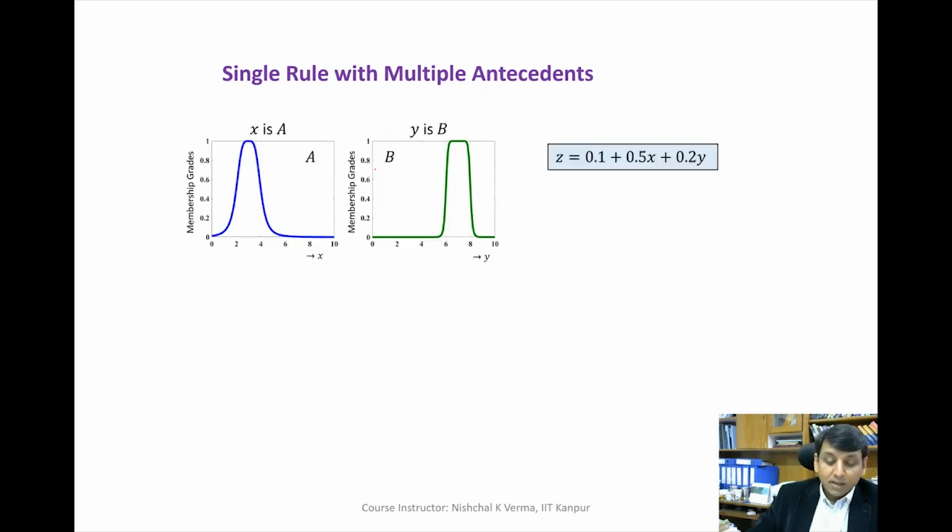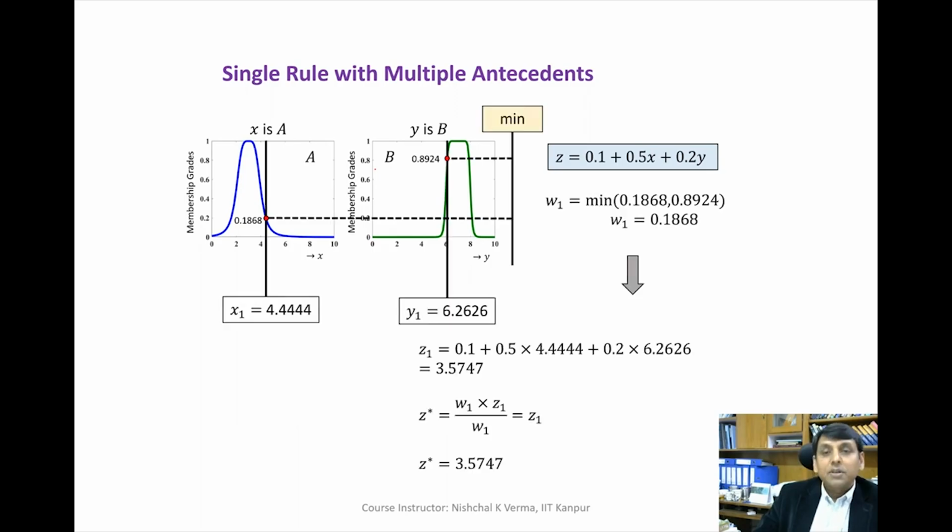Now let us go ahead and apply some crisp inputs x1 and y1, and since we have here the single rule, let us apply this to a TSK model which is characterized by a single rule with two antecedents, X is A, Y is B. So we see that here we are applying the same inputs as we have done in the zero order TSK.